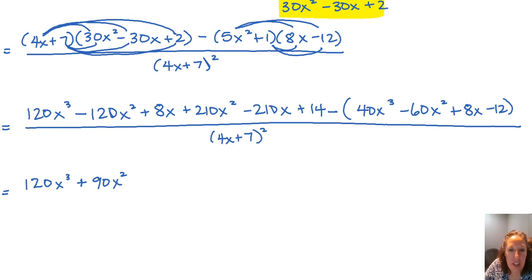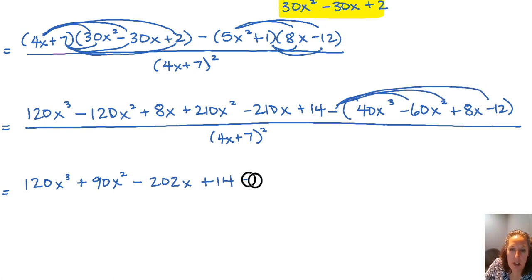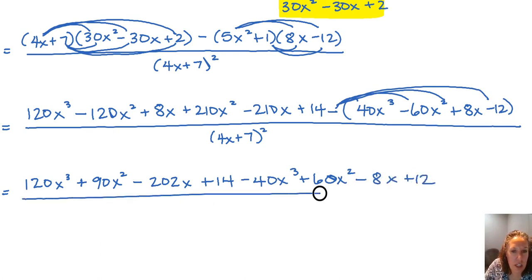And then 8x and negative 210x gives us negative 202x plus 14. We want to distribute this negative to each of the terms in the parentheses there, so minus 40x cubed plus 60x squared minus 8x plus 12. Again, that's all still over our denominator squared, 4x plus 7 squared.